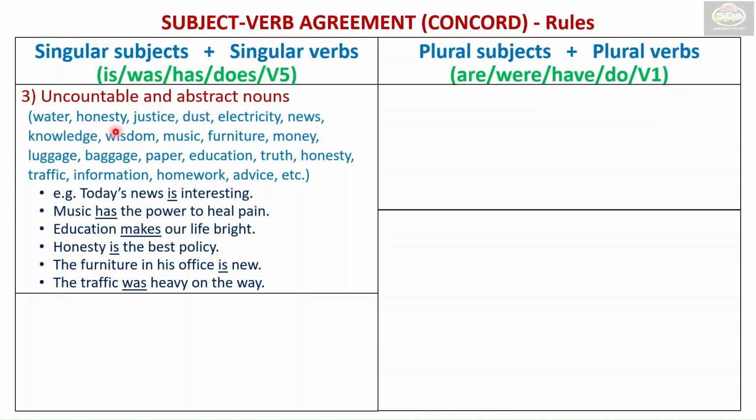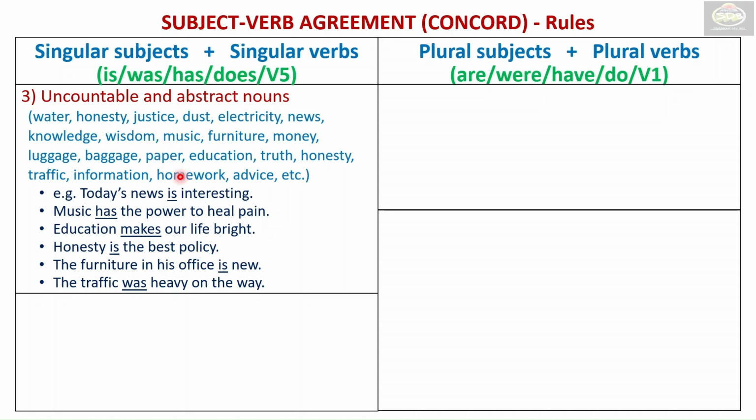Water, honesty, justice, dust, electricity, news, knowledge, wisdom, music, furniture, money, luggage, baggage, paper, education, truth, traffic, information, homework, advice, etc. These uncountable or abstract nouns are regarded as singular subjects and singular verbs should be used with them.